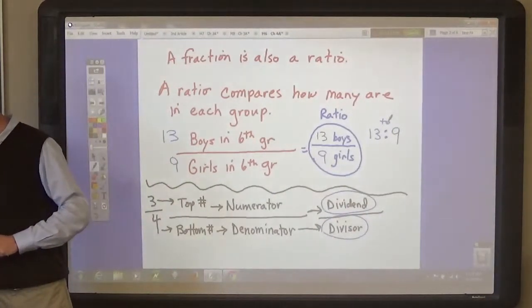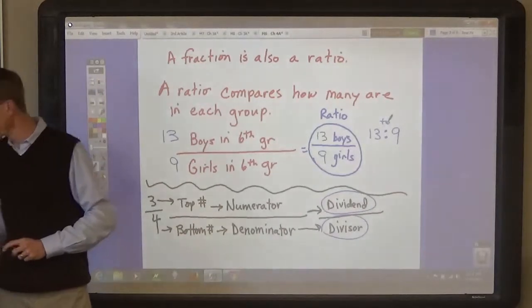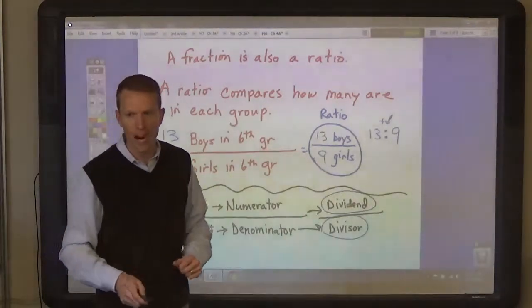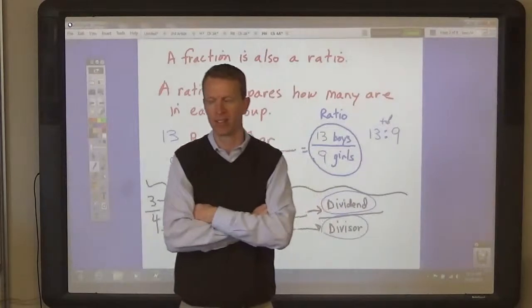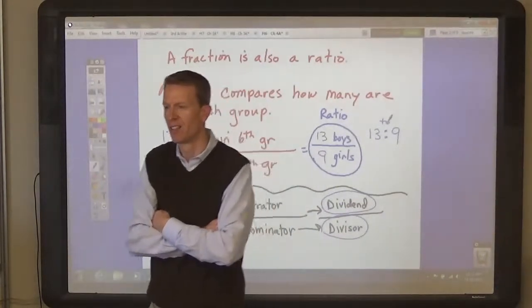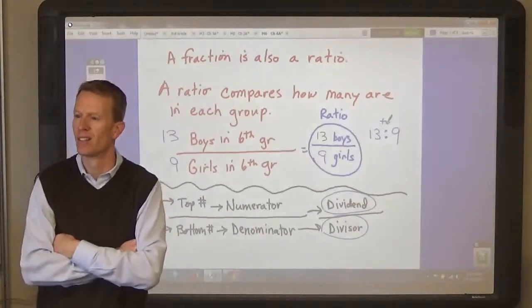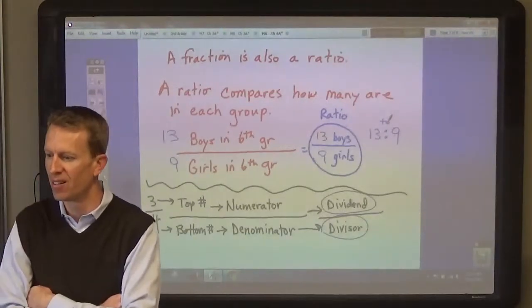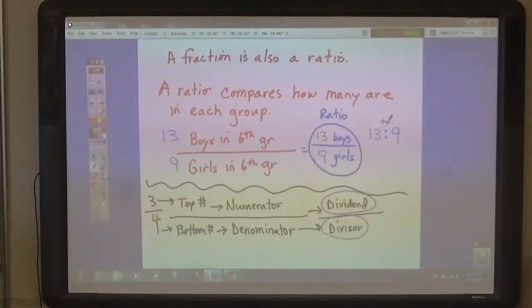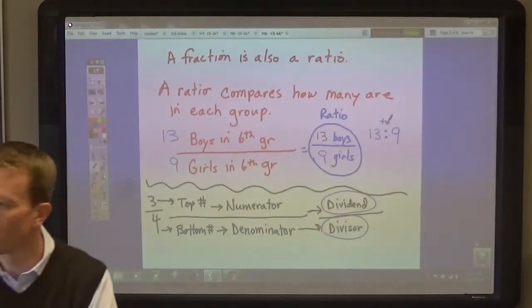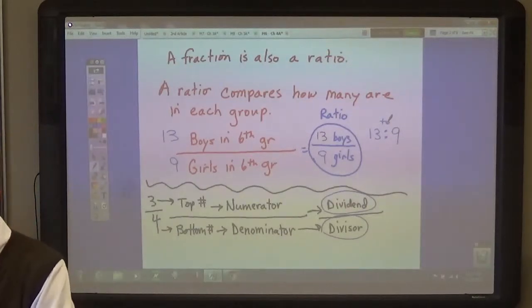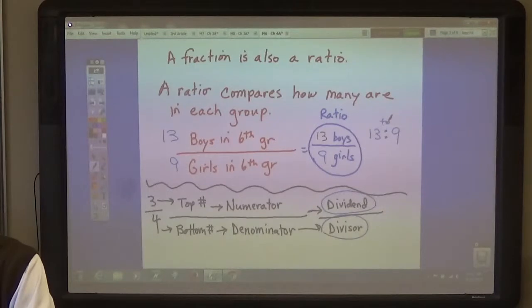How about triangles and squares? What is the fraction of green triangles, Ken? They're greenish. What is the fraction of green triangles? 3 out of, nope.